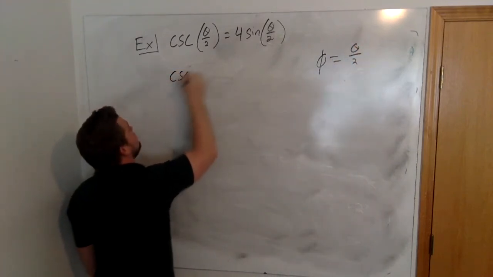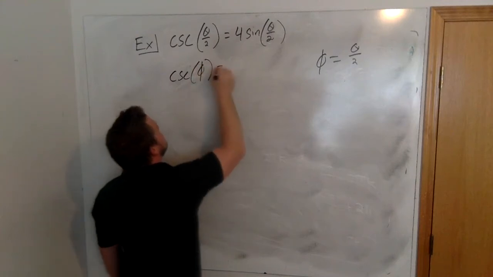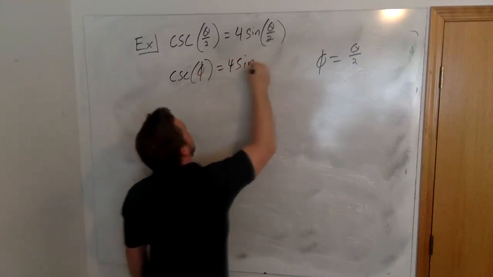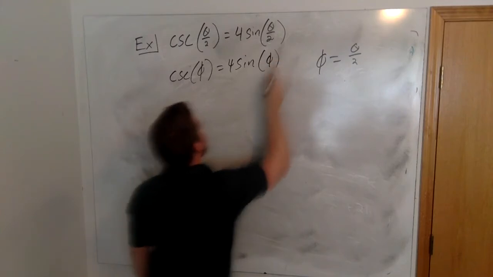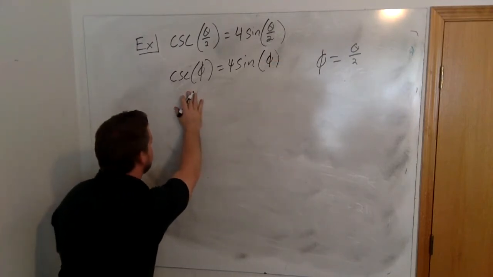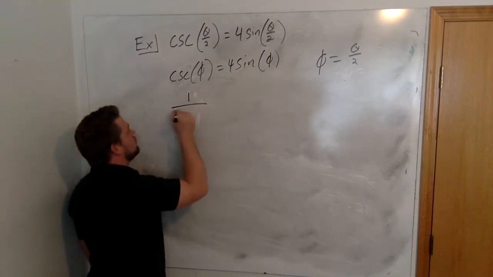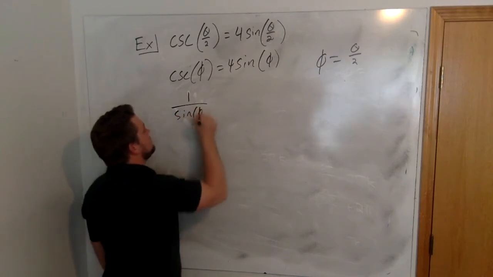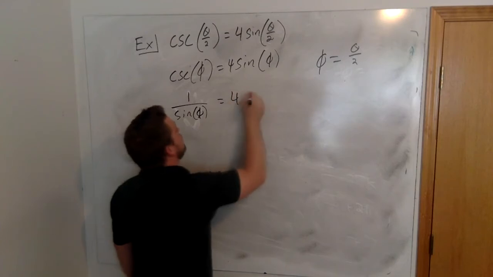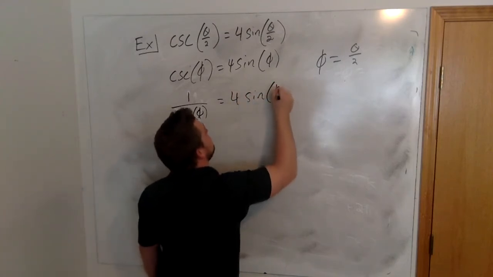So we'll have cosecant of phi is going to be equal to 4 times the sine of phi. Now let's write our cosecant in terms of sine. So this is 1 over the sine of phi will be equal to 4 times the sine of phi.